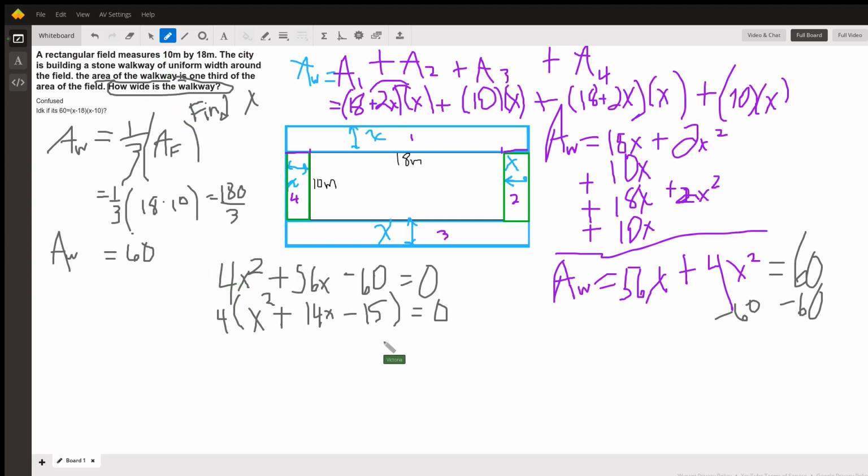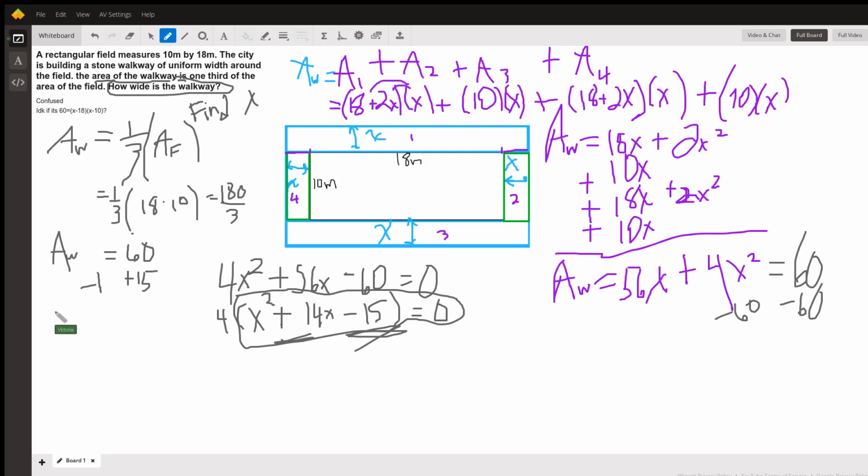So I need to factor this expression. Negative 15 is, I could do positive 1 times negative 15, and the other way, negative 1 and positive 15. When I multiply those, I get this negative 15. And when I add them, I get this positive 14.